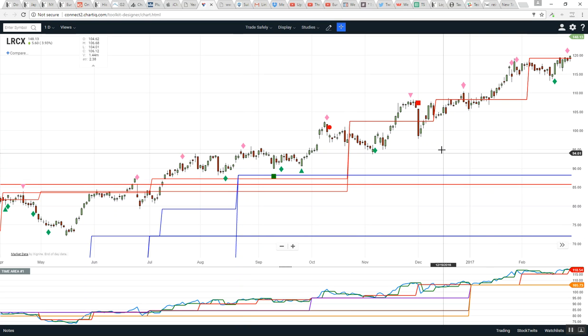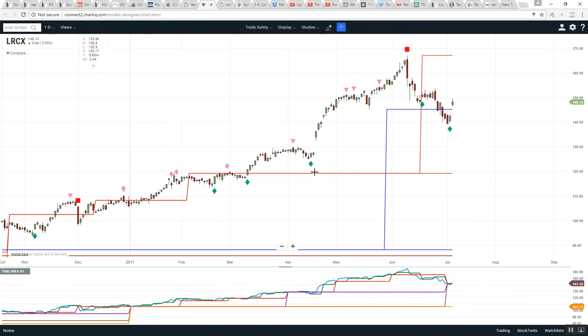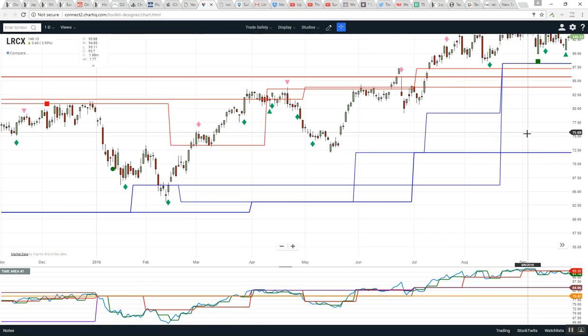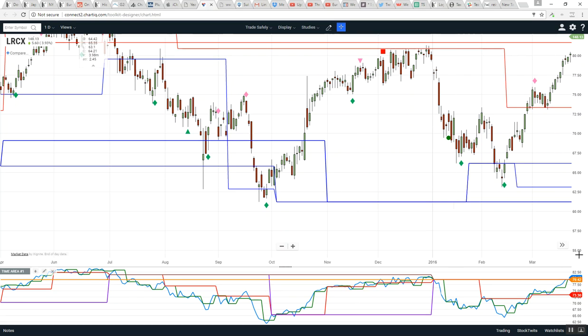However, signals that are close to lines, like this one here, that's a good one. Where we've got a buy signal in an uptrend off a support, then that's the type of signal that we'd look for. So just be a little bit careful about which buy and sell signals you're using.